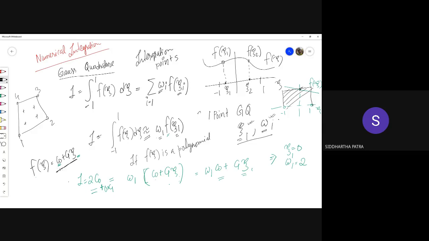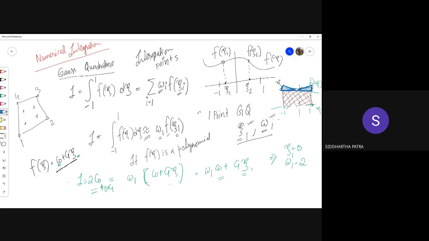This area is the same as this area also, because the triangle that you have skipped in the first part has the same area as the additional triangle that you have considered in the second part. So that way you get the exact solution.